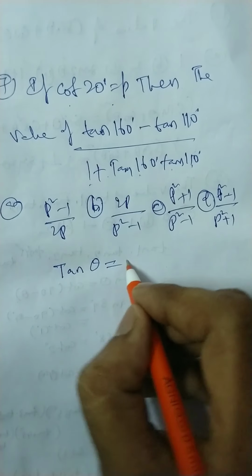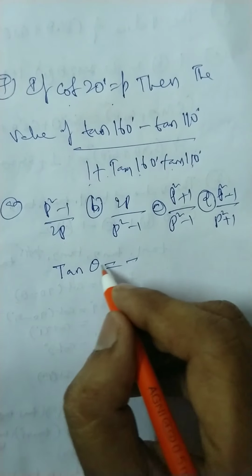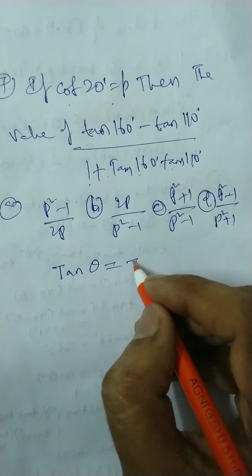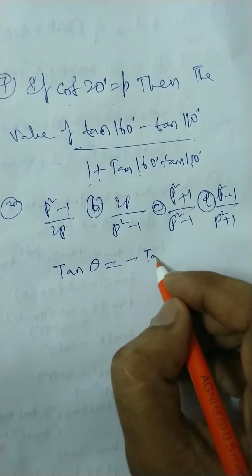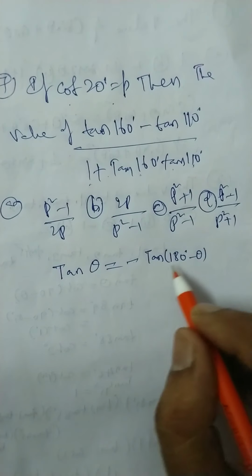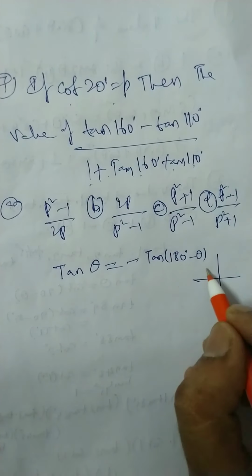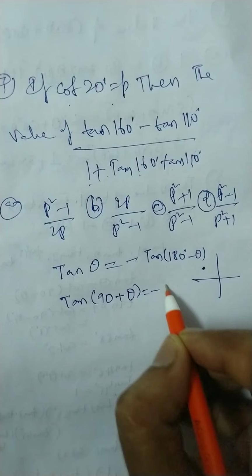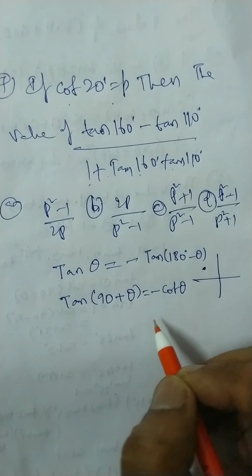We can write tan theta as minus tan of (180 minus theta), because in the second quadrant the value of tan is negative. Another relation between tan and cot is that tan of (90 plus theta) is equal to minus cot theta.